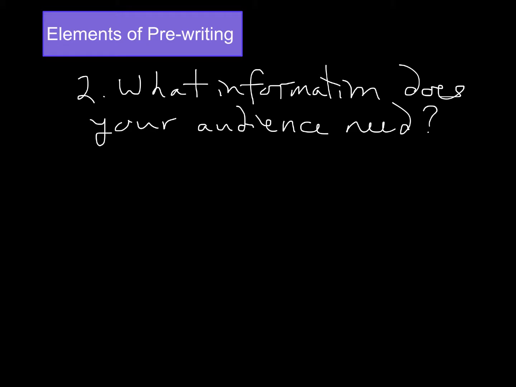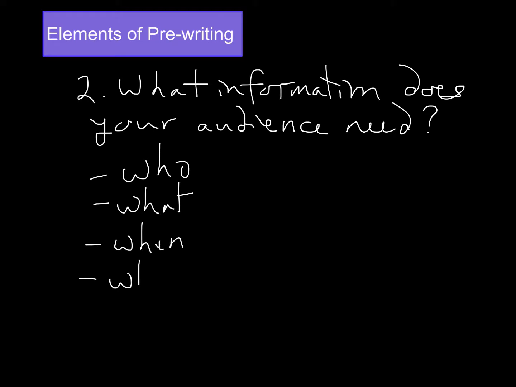In part, what information is relevant will depend on your purpose and the audience and the topic. And often some of the required information will include things like who, what, when, where, why, or how.